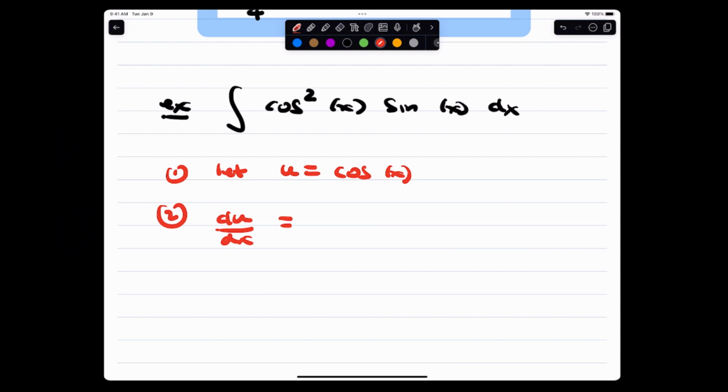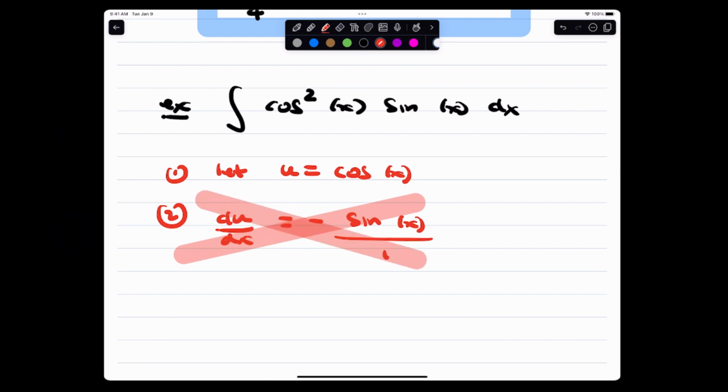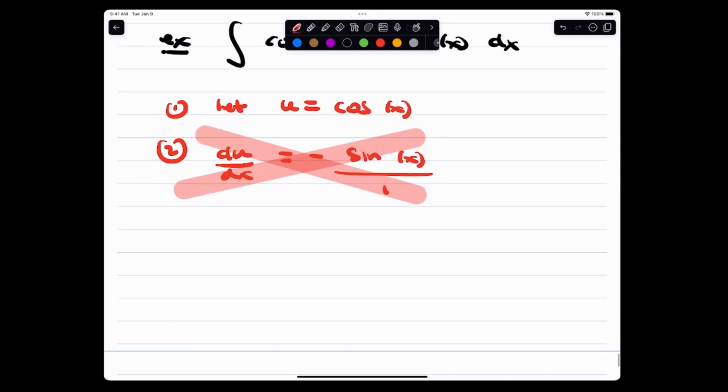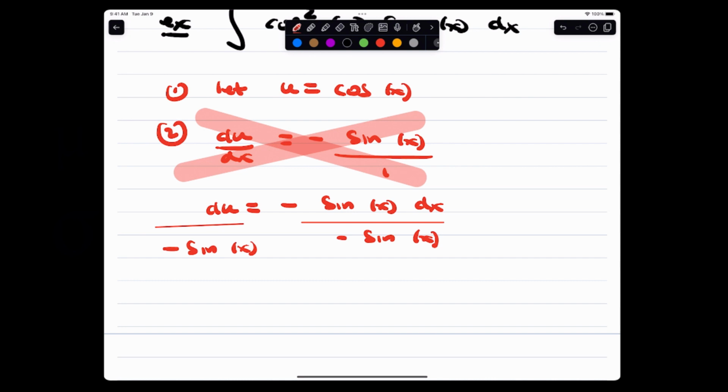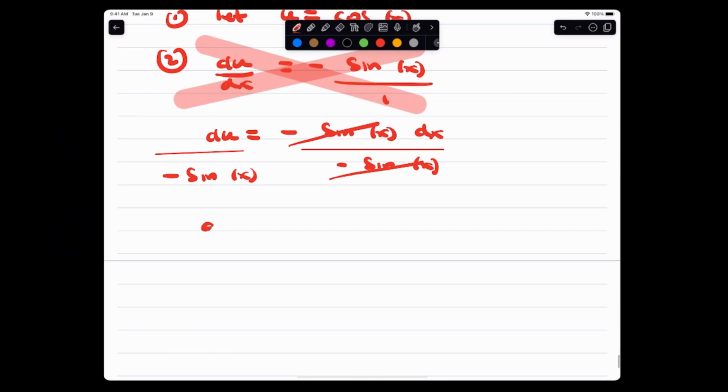What's the derivative of cosine? And that minus sign. So du is what? Minus sine what? Dx. Divide both sides by negative sine, and you get what? Dx to be negative du over what? Sine.